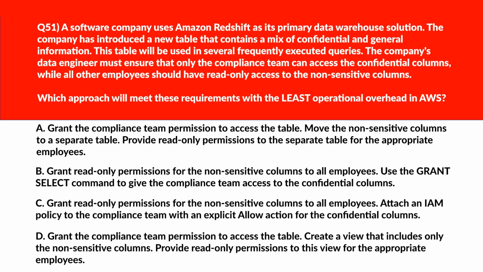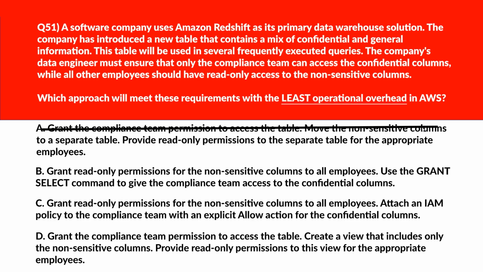Alrighty, so let's look at this question, and we need to choose an option with the least operational overhead. Option A involves extra operational steps of creating and maintaining a separate table for non-sensitive data, increasing complexity. We'll remove option A on that basis.